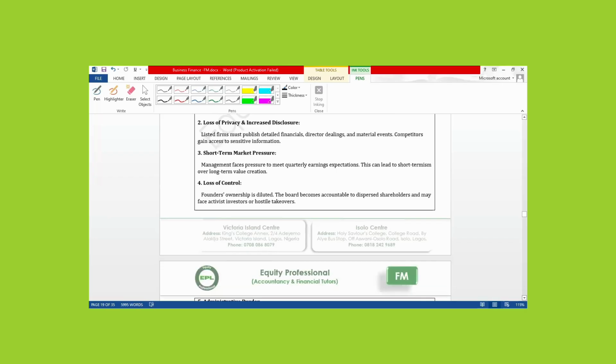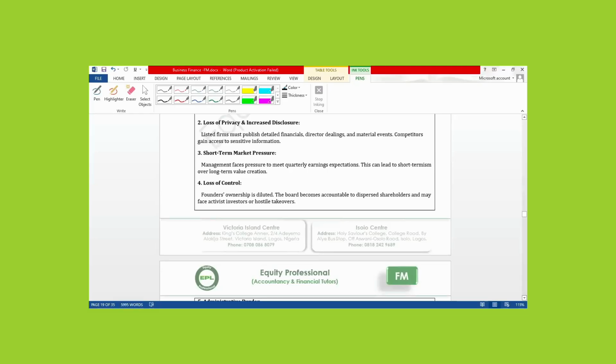Number 4, loss of control. We all know this. Once a company is listed, like this particular case now, a private company, you want to issue shares to the public. Founders' ownership is diluted. So new shareholders will come on board.